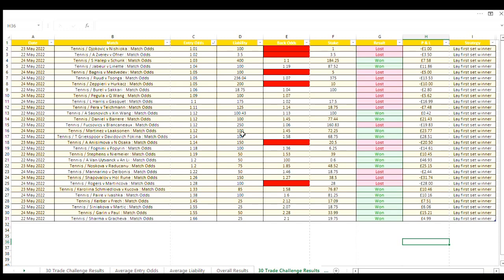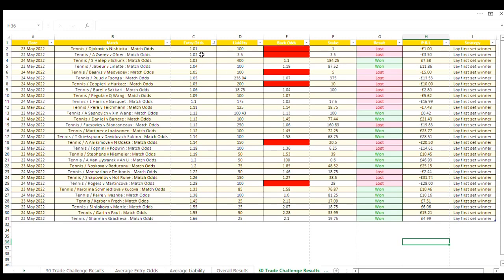What we're looking at here is just the trades in order of smallest to largest. So if we start from the top, this is the way that I'm looking at it: I'm looking at everything on the screen as part of the overall challenge.